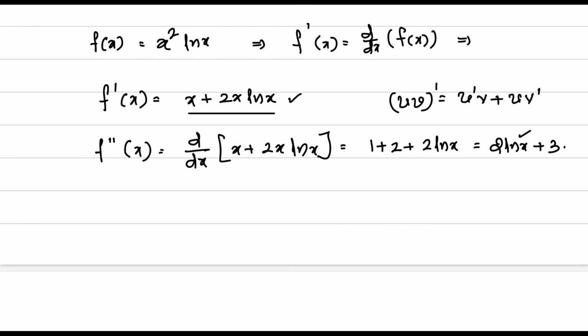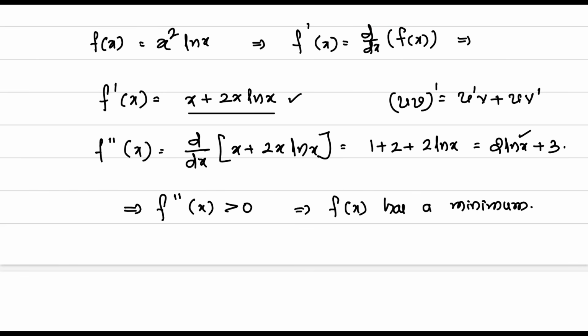Now, function double dash x is positive. That implies, because x is positive, function double dash x is greater than 0. That means function x has a minimum.